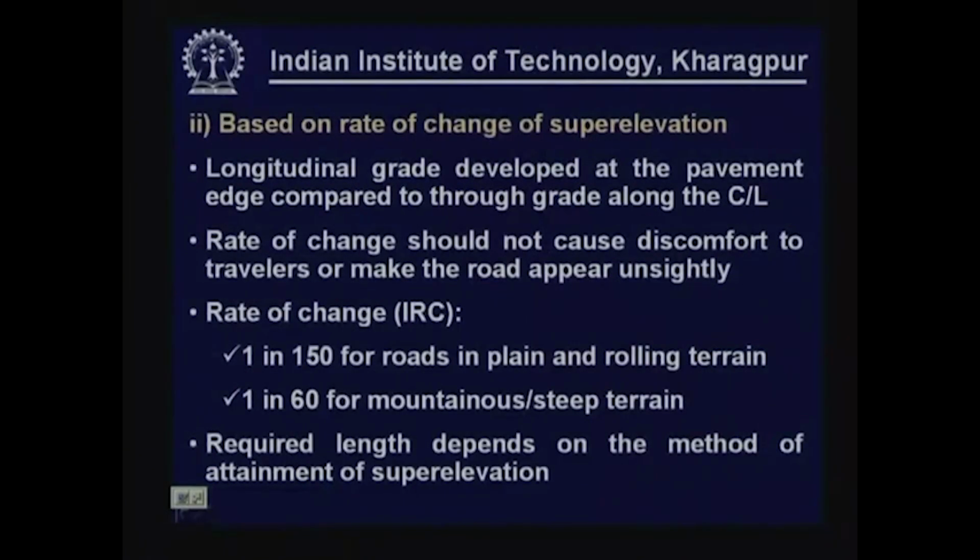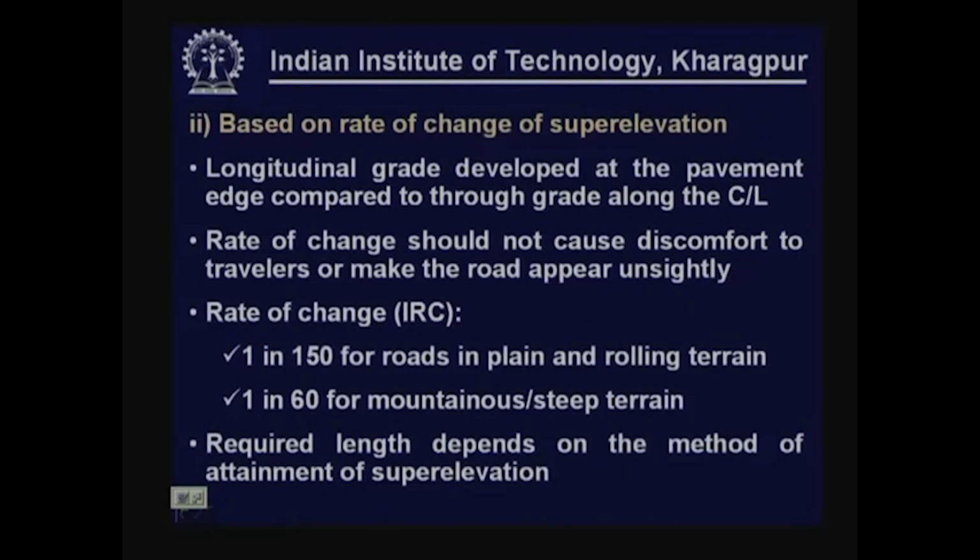When we are talking about rate of change of super elevation, it means the longitudinal grade developed at the pavement edge compared to the grade along the center line. And why do we limit this rate of change? Because it should not cause discomfort to travelers or make the road appear unsightly.